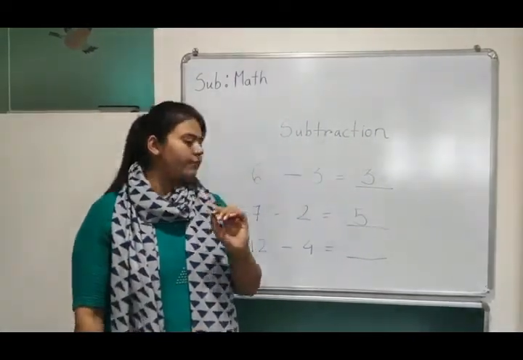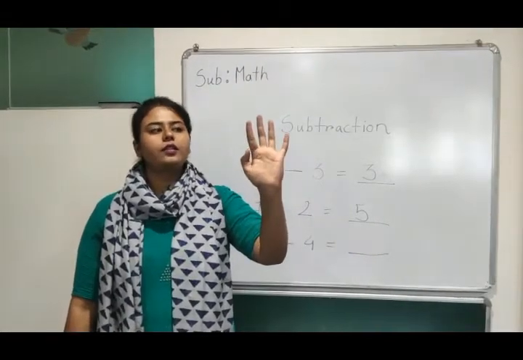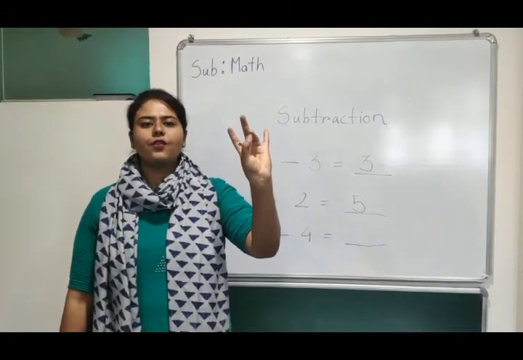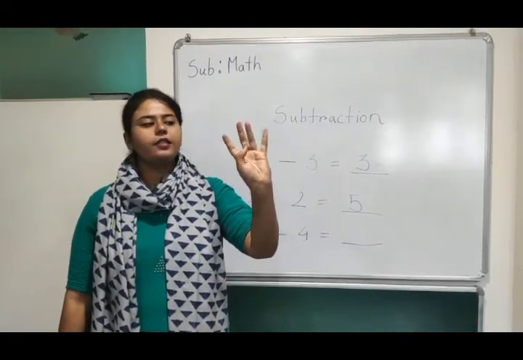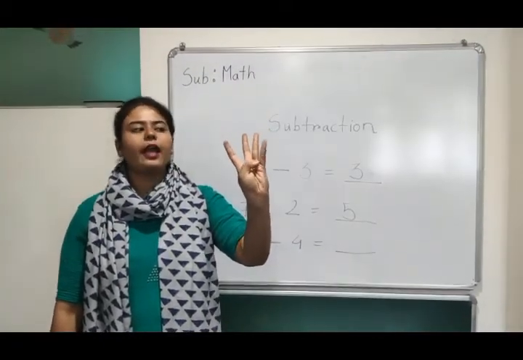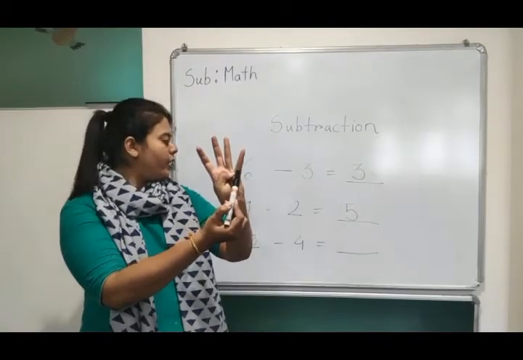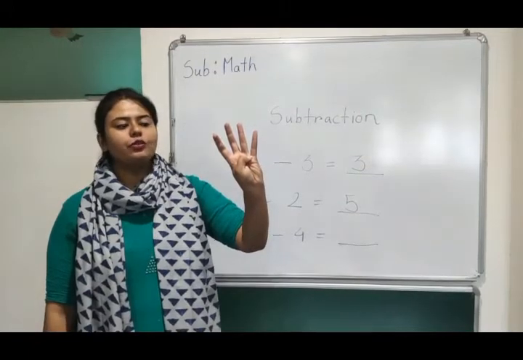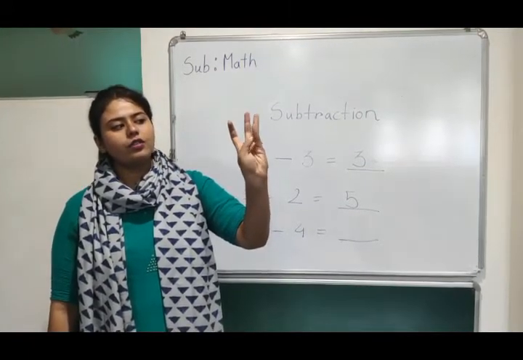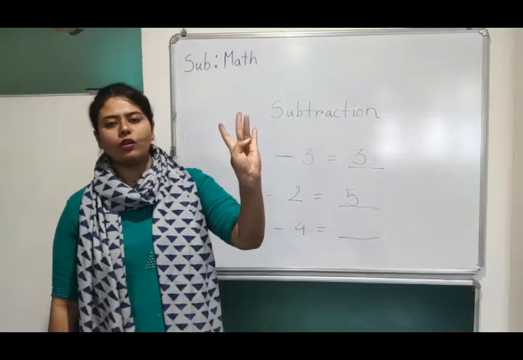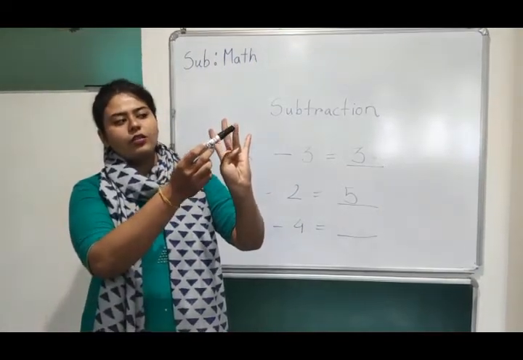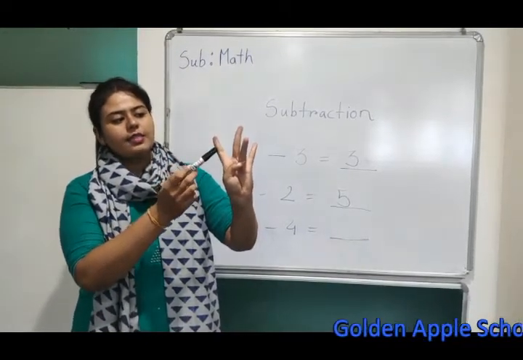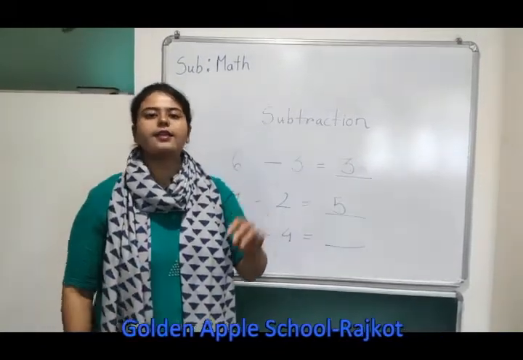I will count this way. 1, 2, 3, 4, 5, 6, 7, 8, 9, 10, 11 and 12. Here it comes 12. Now I have to minus 4. Then I will do minus this way. 1, 2, 3 and 4. So how many are left? 1, 2, 3, 4, 5, 6, 7, 8. So our answer is 8.